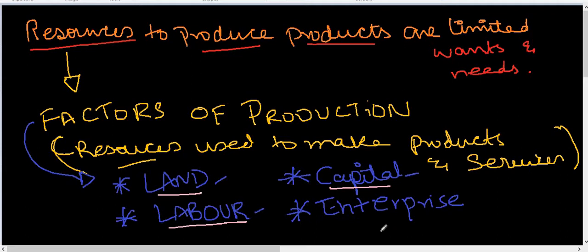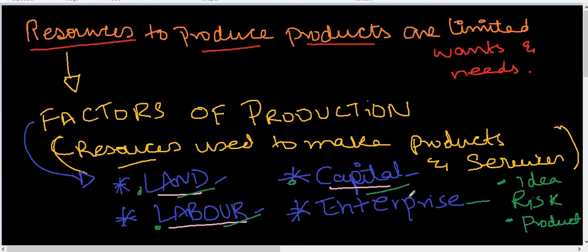The entrepreneur is the person who has the enterprise. So the entrepreneur would manage land, labor, and capital. He will take the risk, he will have the idea, and he will try to make the product. So he will be using these three to make the product.